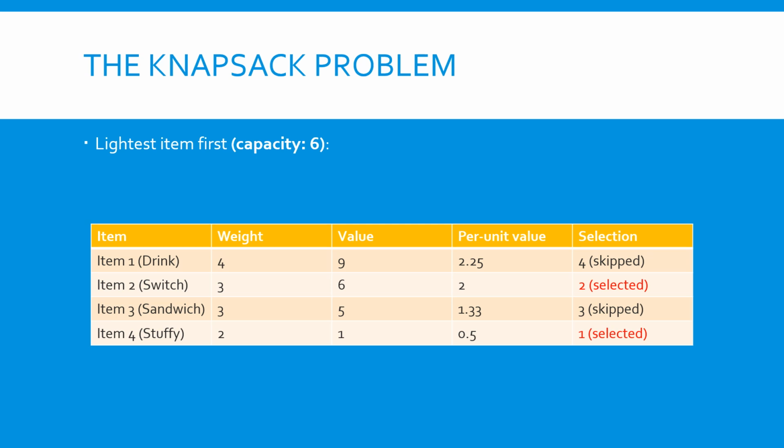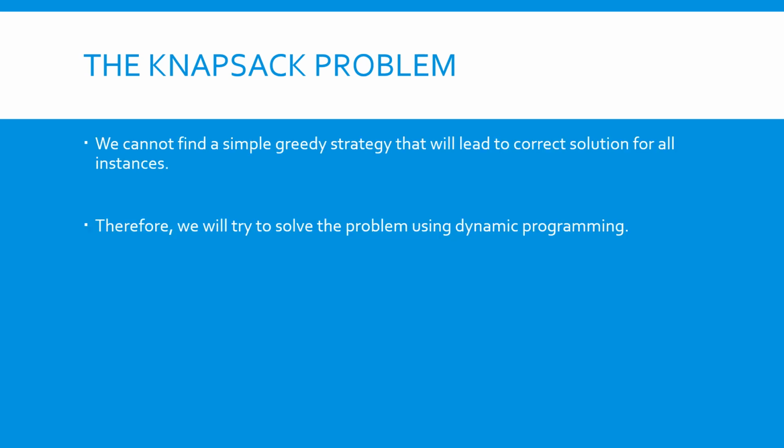However, this total value is not optimal either. Finally, we test the strategy of selecting the item with the highest per unit value first. In this case, we select drink and the sandwich, which have a combined value of 10. The selection is again not optimal. As a result, none of the greedy strategies work for this instance.